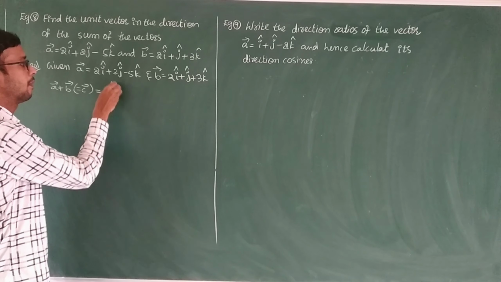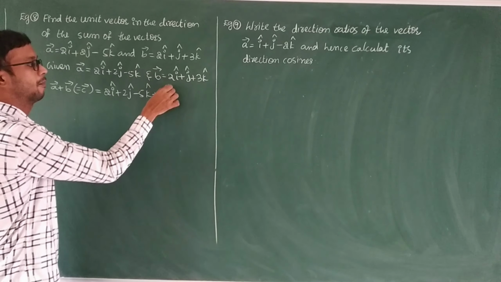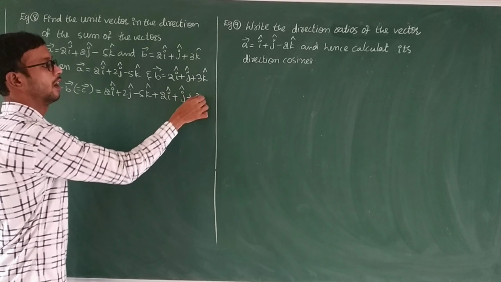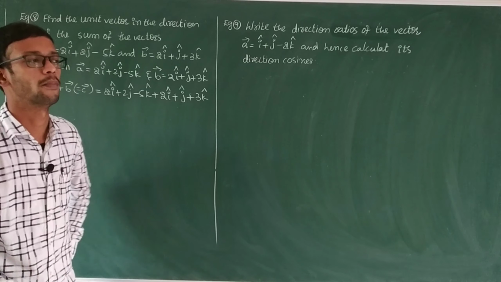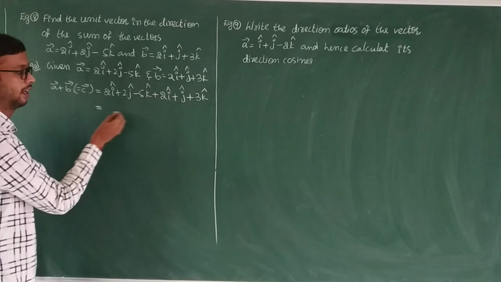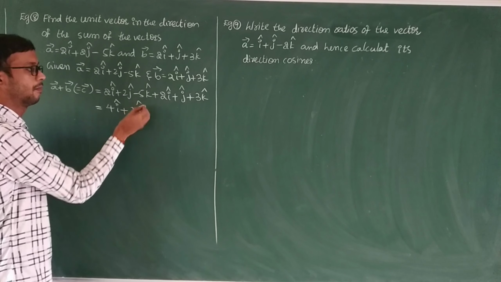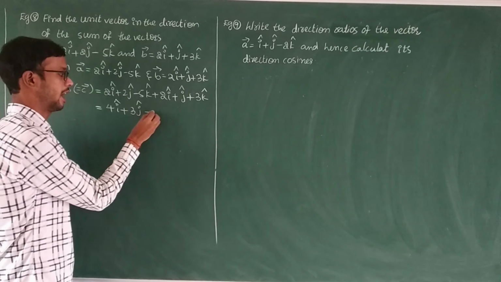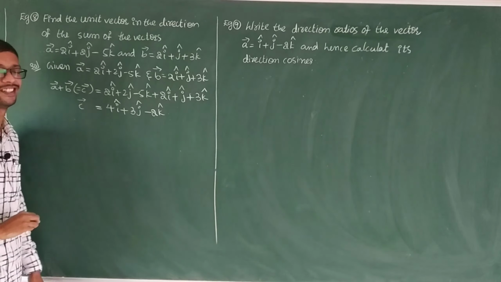So 2i cap plus 2j cap minus 5k cap plus 2i cap plus j cap plus 3k cap. We do corresponding component addition: 4i cap, 2j cap plus j cap is 3j cap, minus 5k cap plus 3k cap is minus 2k cap. I am naming this as C bar. Now we got the vector sum of the two vectors.